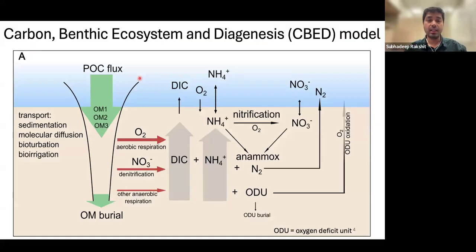So here is the model reaction network that we are using in this first version. This is a simpler representation of the sediment biogeochemistry. What we are doing essentially is the POC flux.